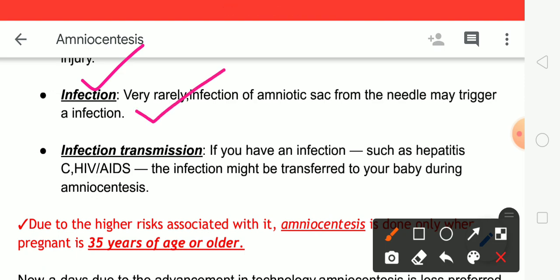And another one is infection transmission. If you have an infection such as hepatitis C, HIV or AIDS, this infection might be transferred to your baby during amniocentesis. These are the risks associated with the amniocentesis process.